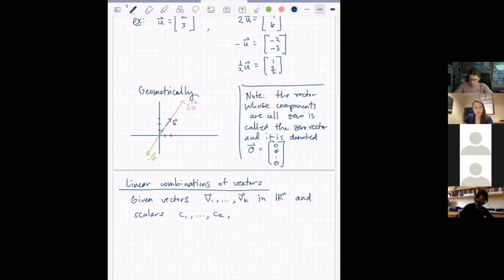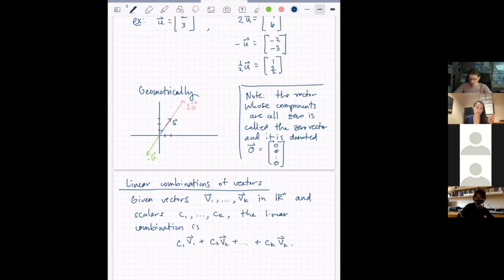So given these vectors and these scalars, the linear combination is going to be where we take the scalar c1 times the vector v1 plus the scalar c2 times the vector v2 and so on up to ck times vk, right? And just adding all of those up gives us the linear combination.